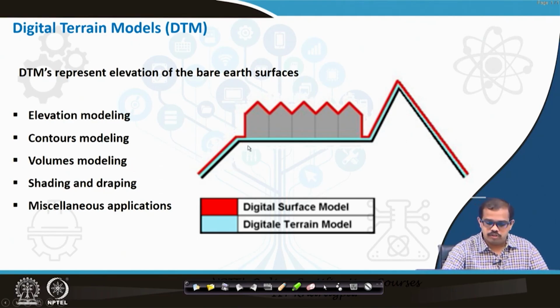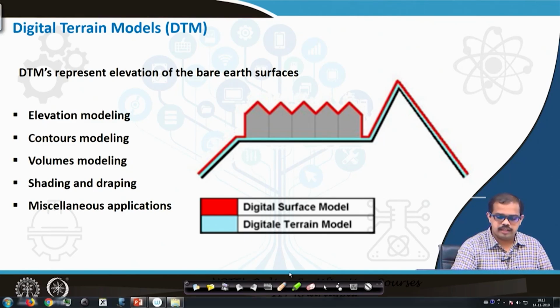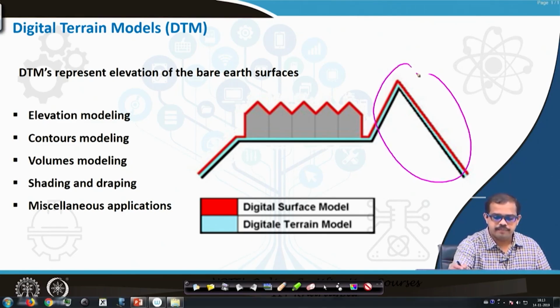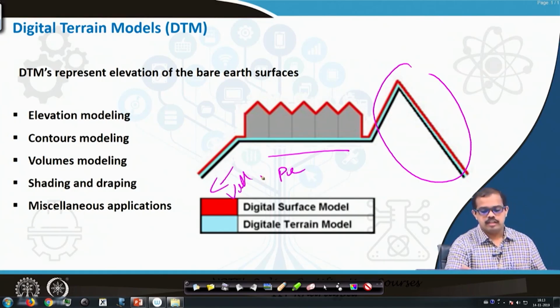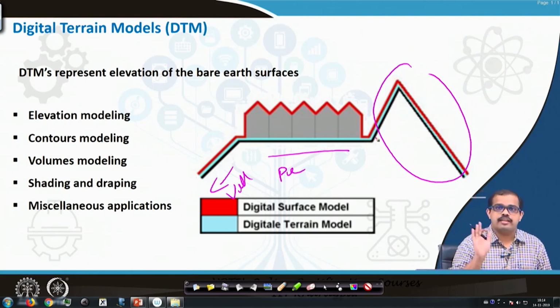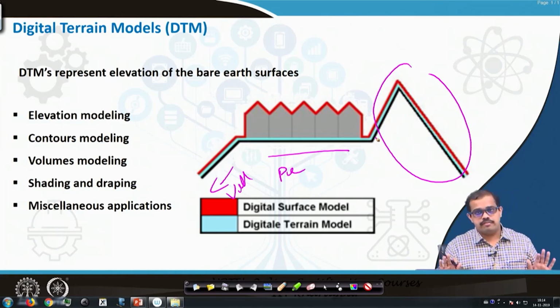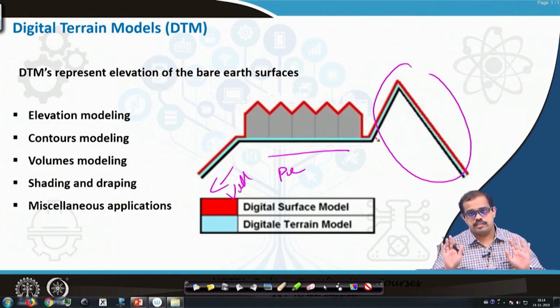Now, follow this blue line, which represents the terrain of the earth's surface. Without human interference, the kind of terrain the earth's surface has is exactly the digital terrain model.